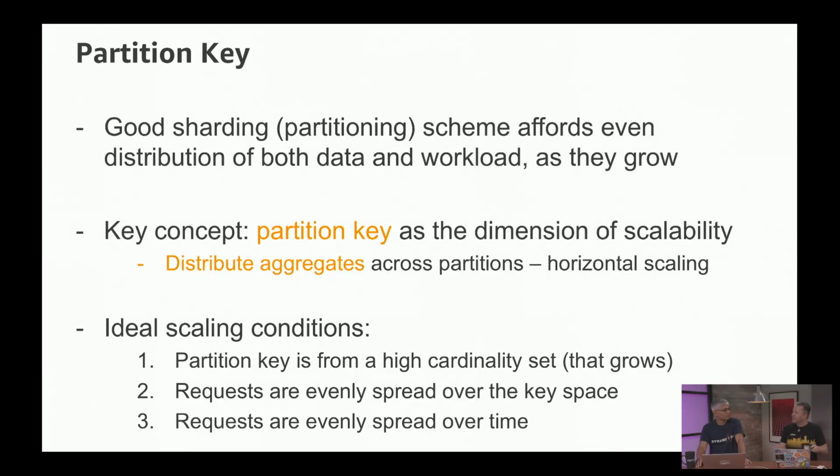Now, in real life, we know that we can't always have ideal scaling conditions, but it's good to know what they are, so that if we know that we cannot have all three, we know that we might have to come up with a design to compensate for the natural lack of these conditions.